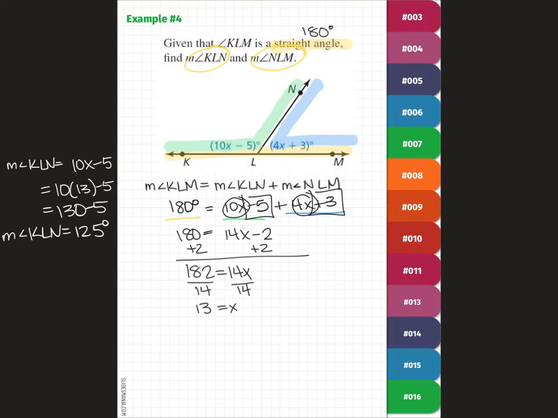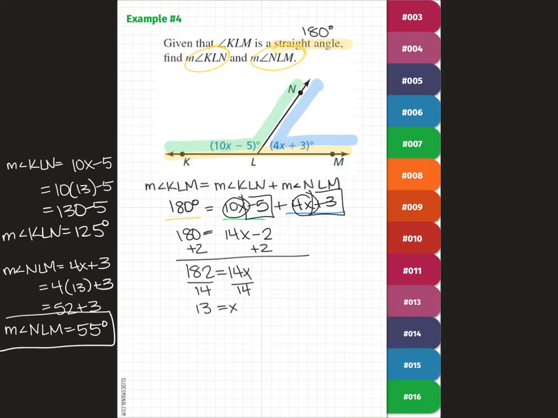Then the measure of angle NLM is equal to 4x plus 3. So that's going to be 4 times 13 plus 3. And 4 times 13 is 52 plus 3. So the measure of angle NLM is 55 degrees.